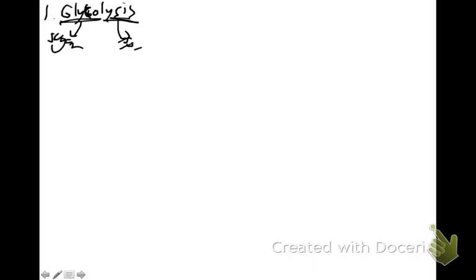Oh, and also photolysis and hydrolysis. A lot of lysis, right? Splitting. So glycolysis actually quite literally means sugar splitting process. Forgive my horrible handwriting. So glycolysis actually means sugar splitting.